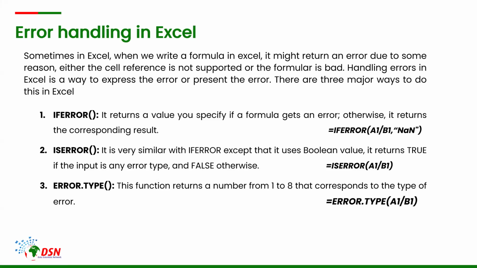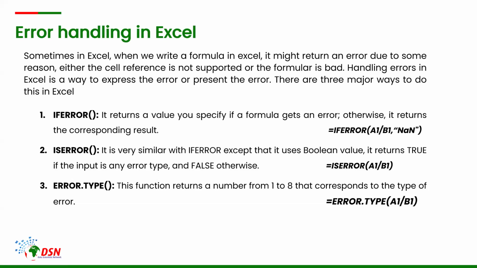The first way is the one I just showed, using the IFERROR function. If a formula returns an error, it allows us to specify what we want the message to be, instead of just writing NA or probably reference error or name error.